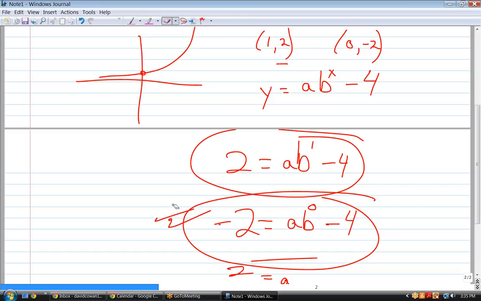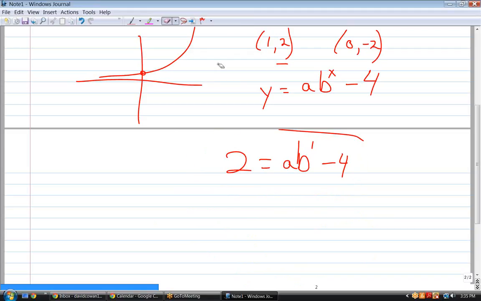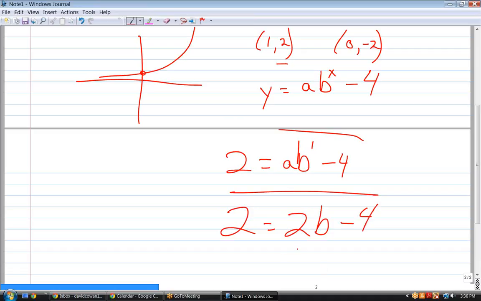You get that? So if a is equal to 2, now I can solve this equation, because I know that 2 is equal to 2b to the 1 power minus 4. So b has to be equal to 3 after you do the algebra.